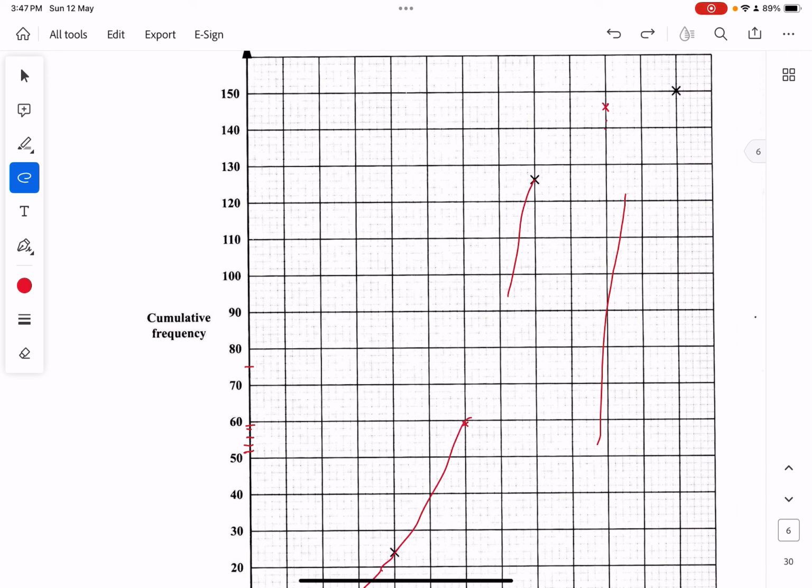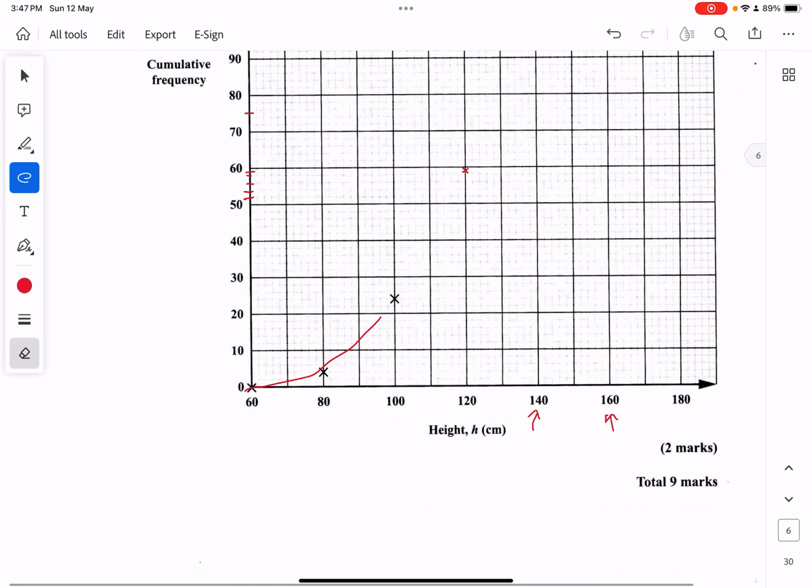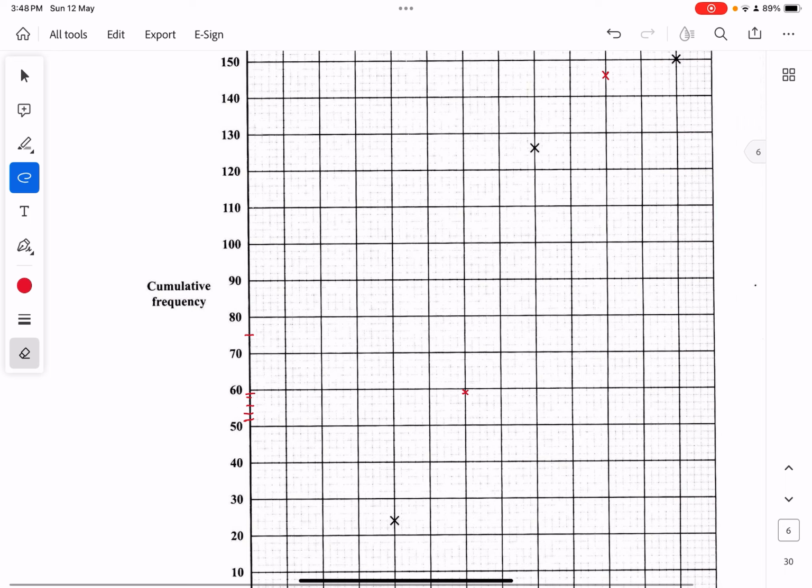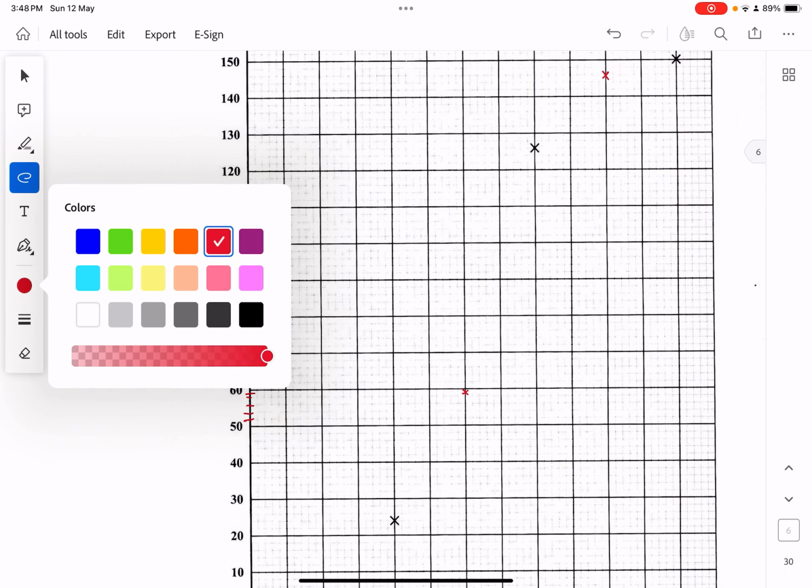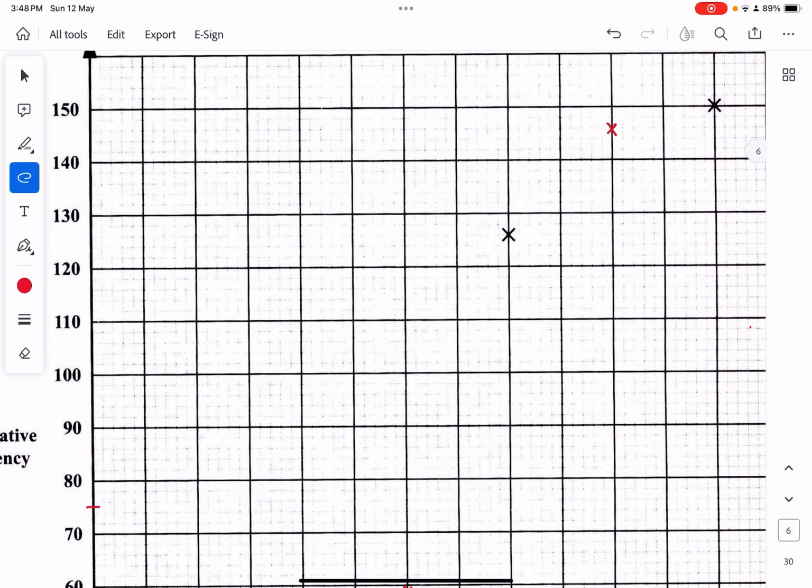Alright, I don't want to erase the points, so I'm going to erase this, and this, and this, and this, and this. Good. So now let me see if I can make that curve a little smoother. It's a bit tedious with this smooth pencil on the screen.